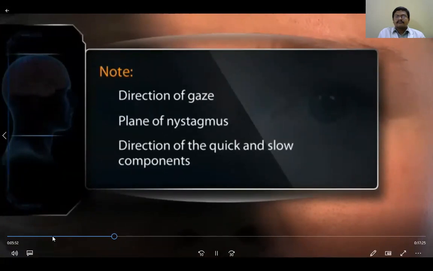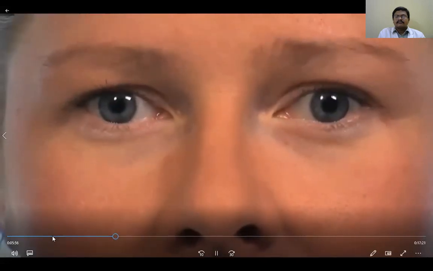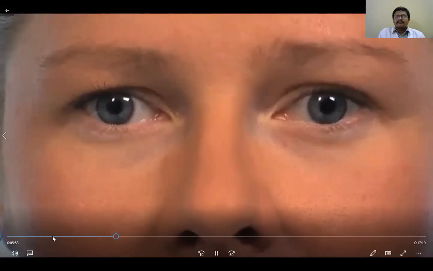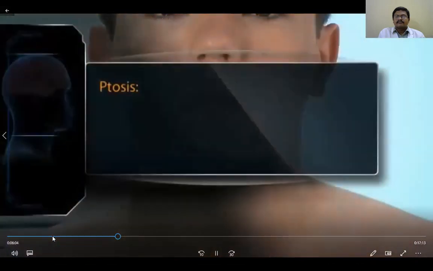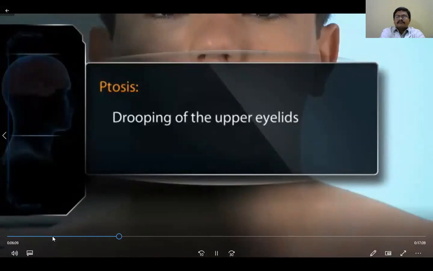For example, right gaze nystagmus. Ask the patient to fix his or her vision on a distant object and observe if the nystagmus increases or decreases.